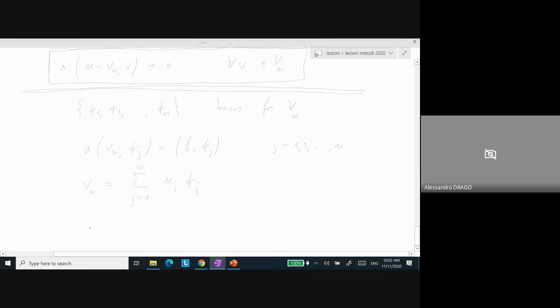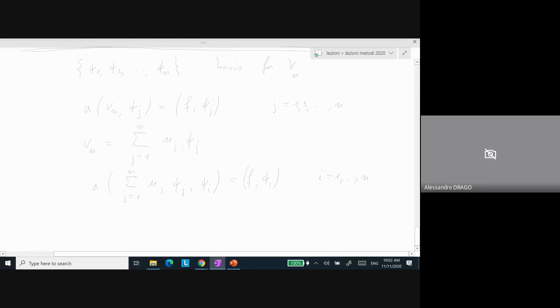Of course, this becomes A of the sum over j from 1 to n of Uj phi j, and here I have to change the index. Here I used to call it j, let's call it I, phi I, and this has to be equal to f phi I for I running from 1 to n.